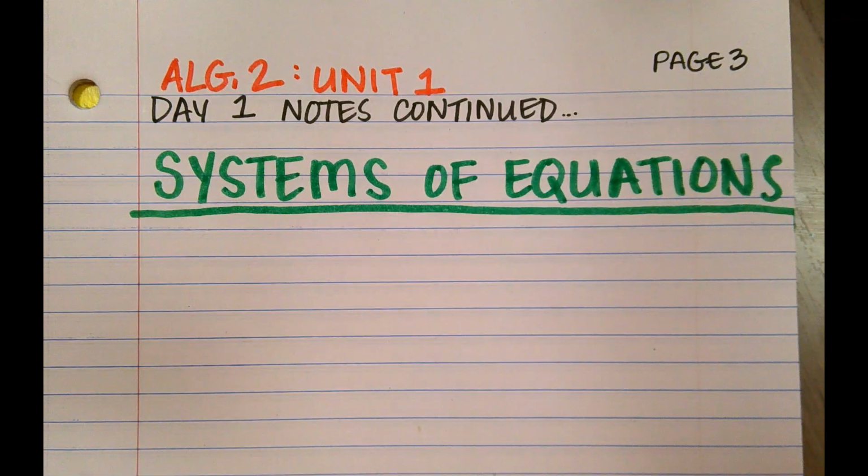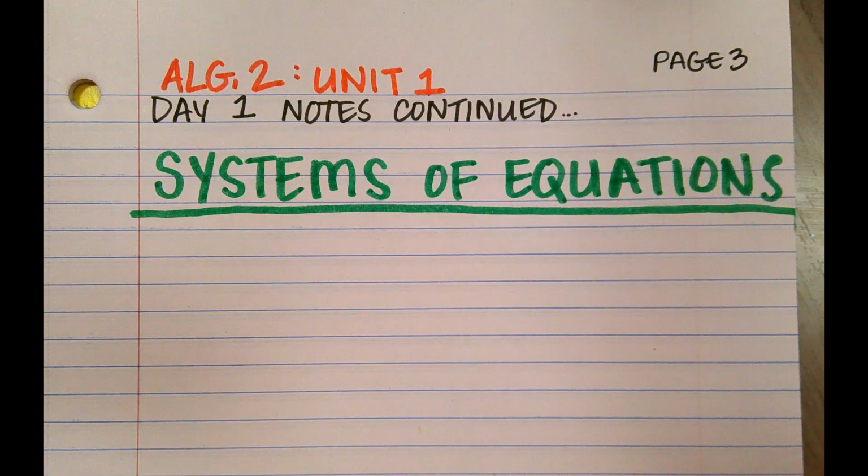Main difference in solving one equation versus solving a system is that instead of just solving for x, for one variable, now we need to solve for x and y. There's 2 variables.